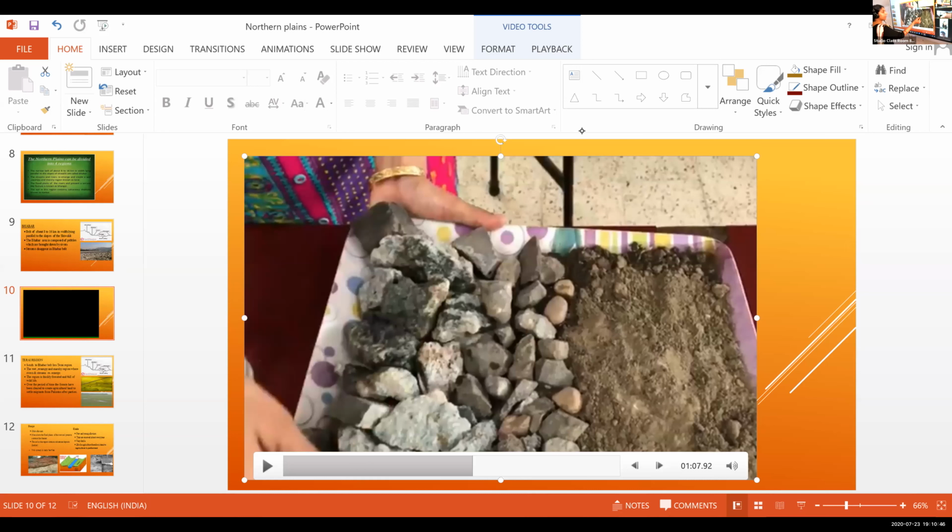There, rivers or streams re-emerge. Re-emerge means here we can see the rivers, and there we cannot. That's why we say streams and rivers disappear in the Bhabar region and re-emerge in the Terai region.